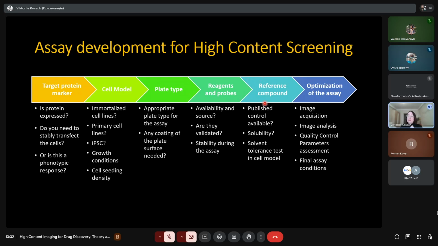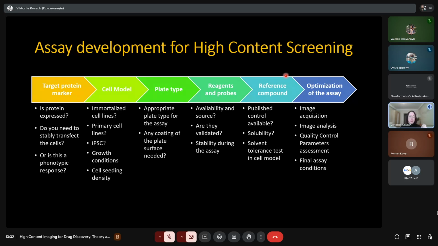And also, quite an important thing to know is the right reference compound. The reference compound is your positive control. It is a compound that is already validated and known to influence your target.